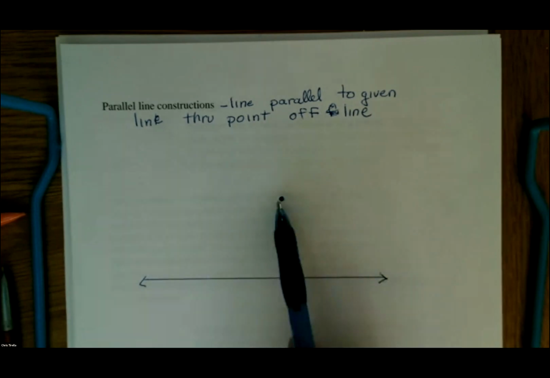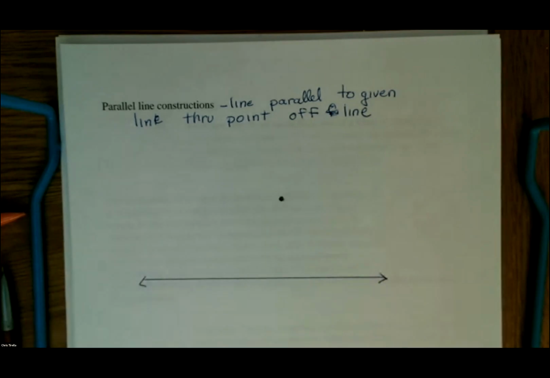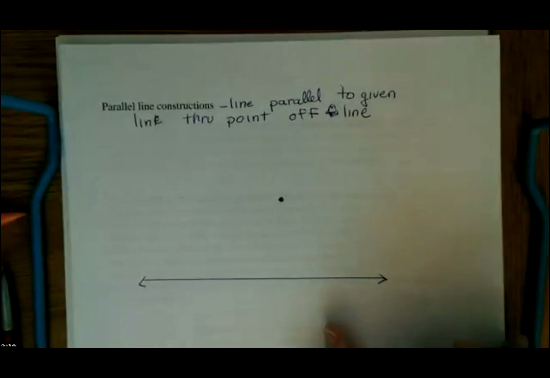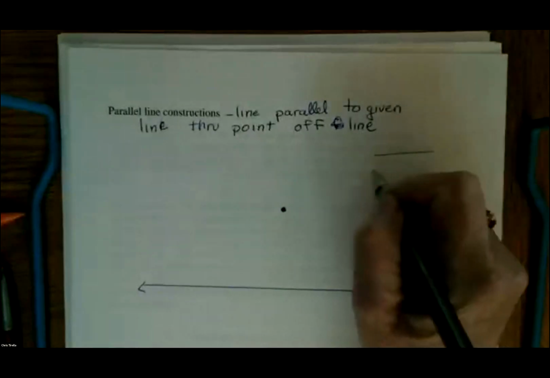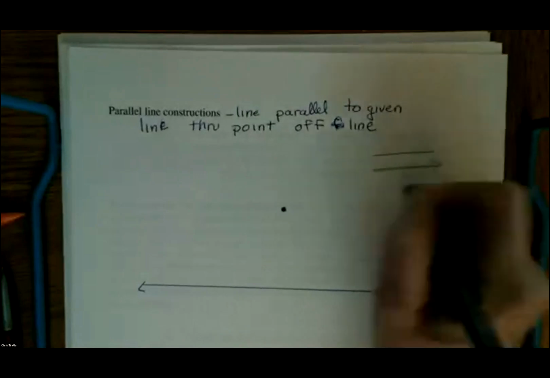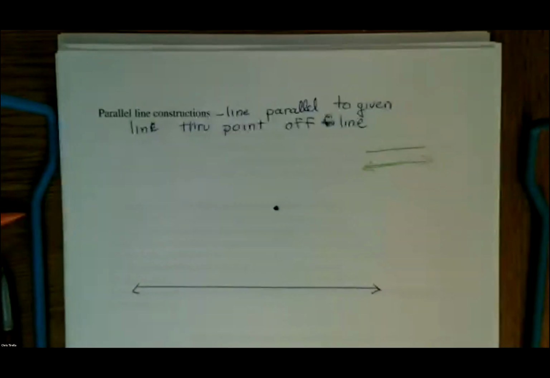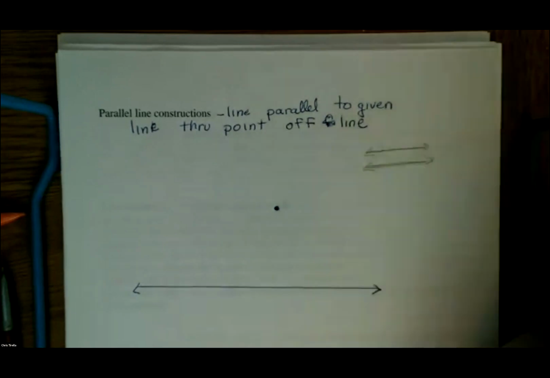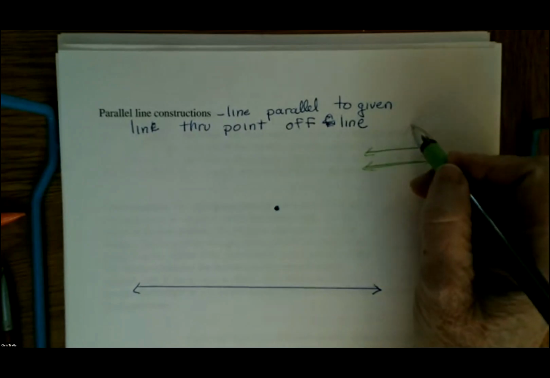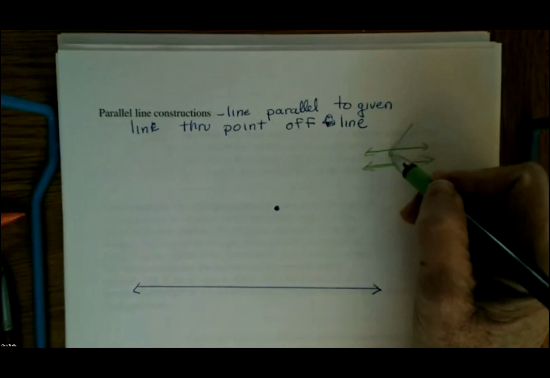Now, in order to remember how to do this construction, I'm going to do a little bit of doodling off to the side, if you don't mind. Can you guys see those two parallel lines that I drew? Whenever I picture parallel lines, don't you always want to put a transversal in there?